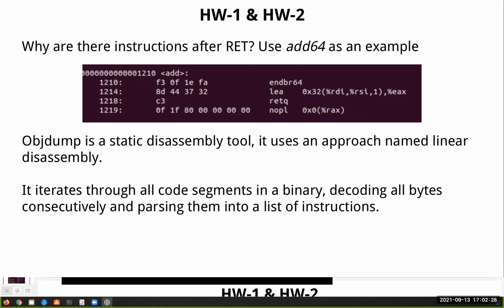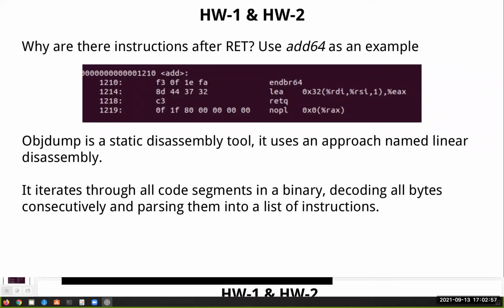Then why does the tool we're using interpret it as an instruction? It's because there are basically two algorithms to disassemble instructions. One algorithm is called linear disassembly, and this is the algorithm our tool objdump uses. This algorithm is very simple.